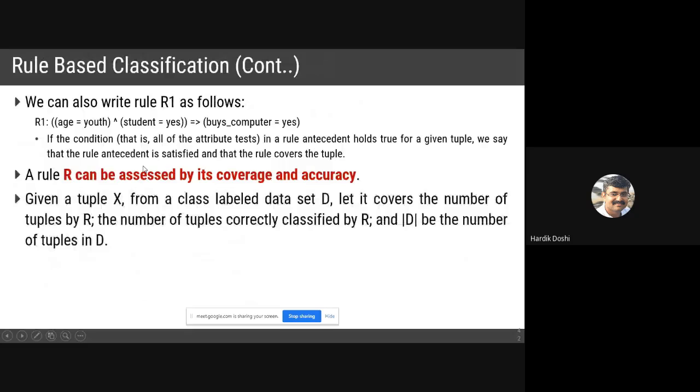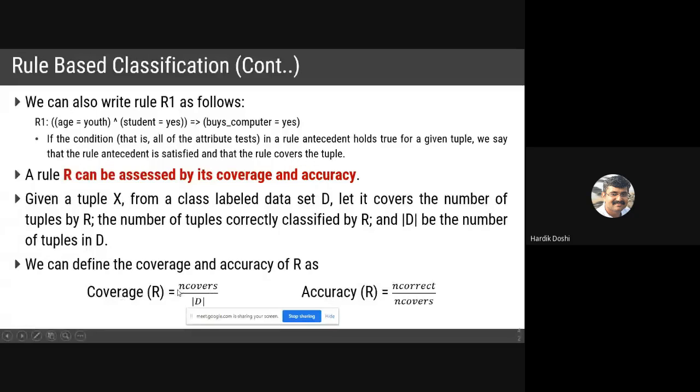Coverage is defined as n covers divided by the total number of tuples, where n covers means the number of tuples covered by that particular rule. In our case, the coverage for R2 is given as 4 divided by 14. So that becomes my coverage.